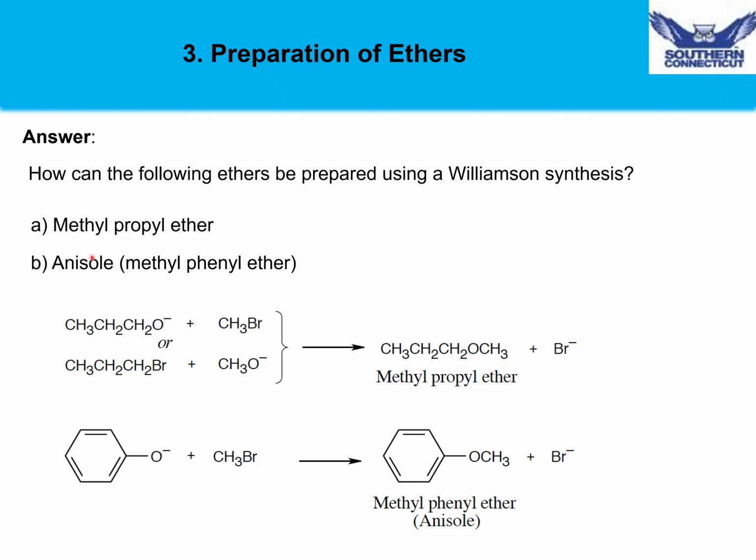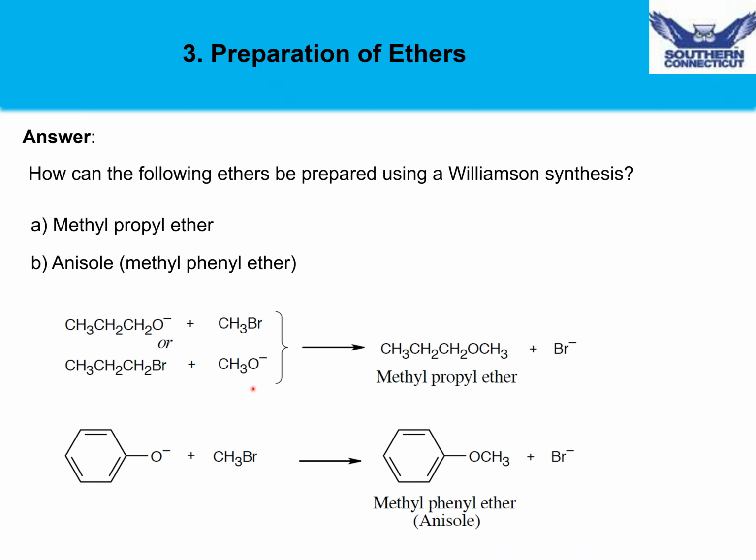If we look at the first example, we have methylpropyl ether, where we have two sterically unhindered alkyl groups around the ether. So that actually gives us two options for answering this question. We can add the methyl group by attaching a bromide, which would mean the alkoxide would have the propyl group. We can reverse that as well, where the propyl group is attached to the halogen, and the alkoxide comes with the methyl group.